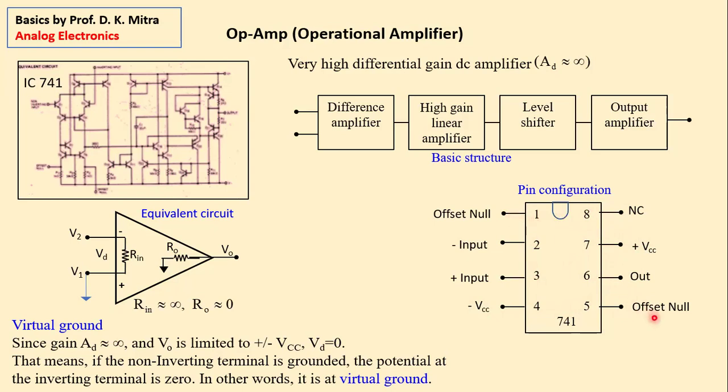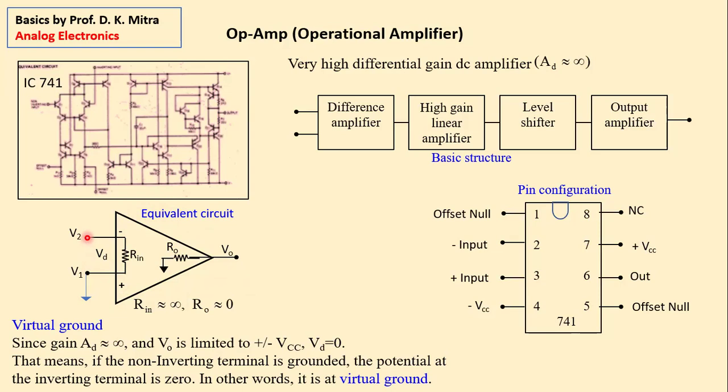Now, what is offset null? We have seen, we have said that the common mode gain of this amplifier is 0. That means if you apply 1 volt here and also 1 volt here, that means 1 volt at both terminals, then common mode value is 1 plus 1 divided by 2, that is half volt.